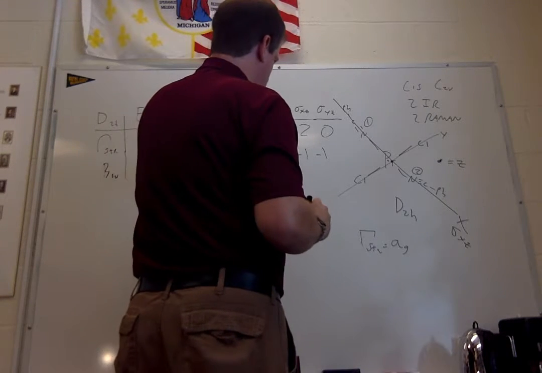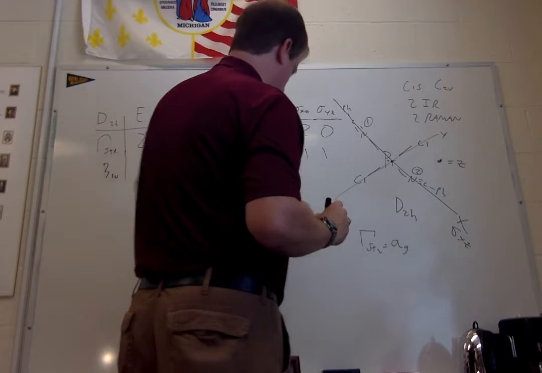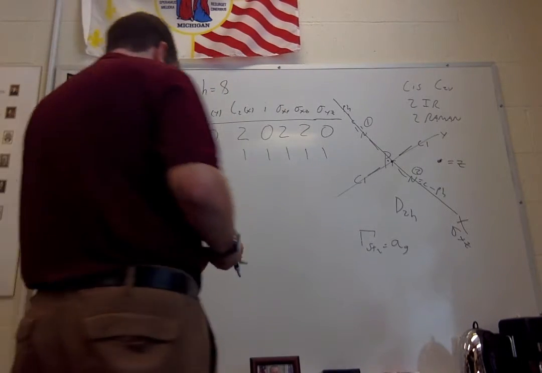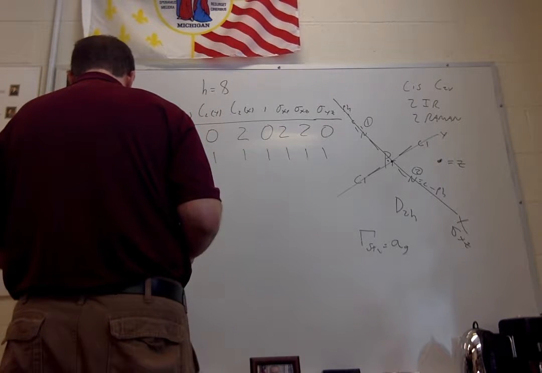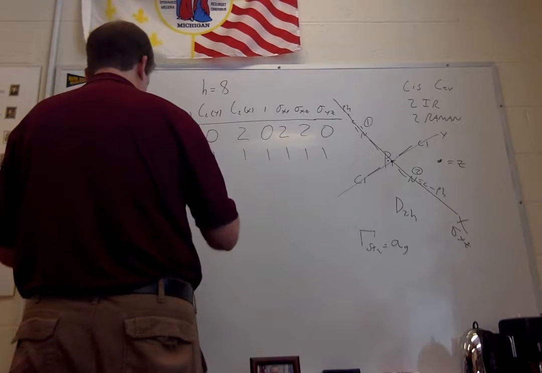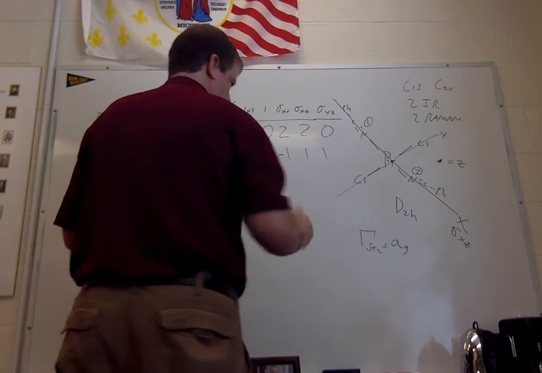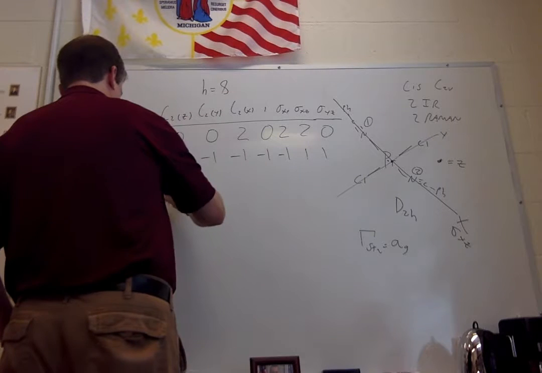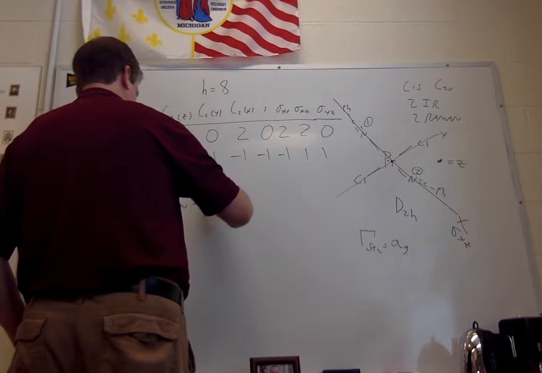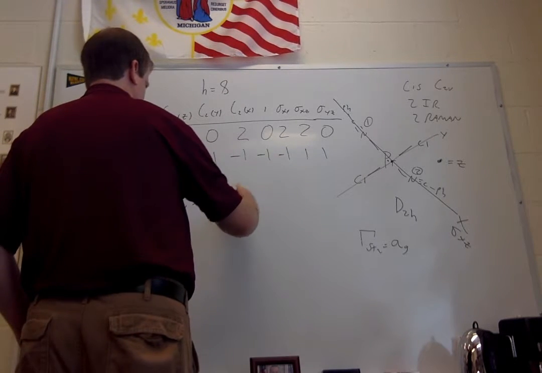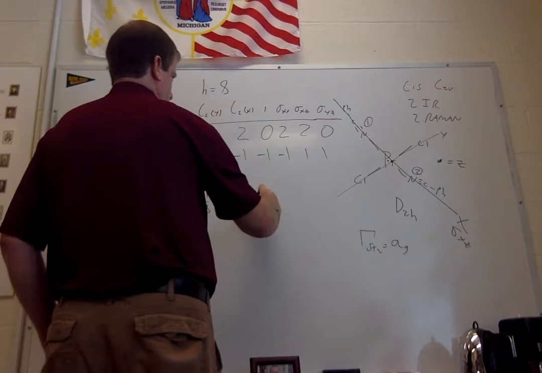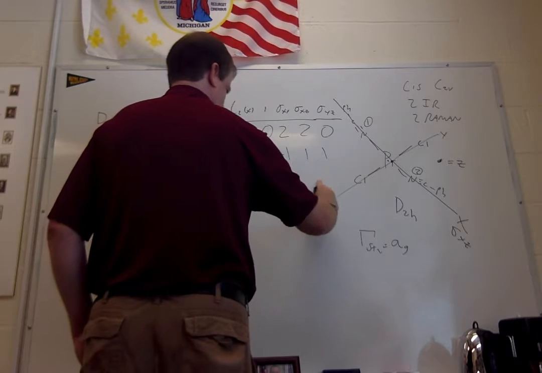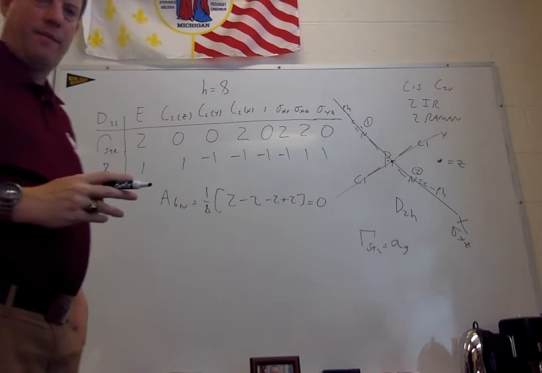Next is B1U. So we've got 3 more to go. Hopefully one of them will register, and that'll be our correct one. That's like this. Contribution is 2 minus 2 minus 2 plus 2. So no on that one either.